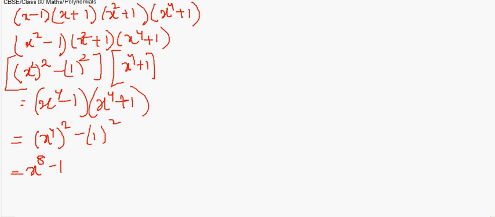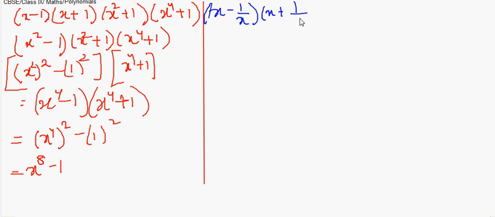A similar one with fractions we take up here. This is x minus 1 by x, x plus 1 by x. So x square plus 1 by x square, and then x4 plus 1 by x4.